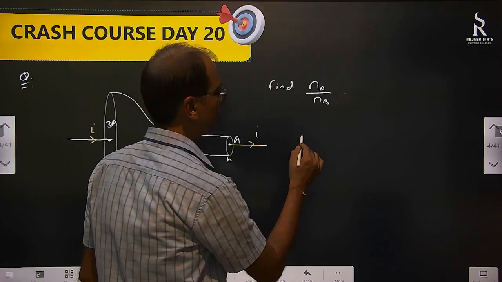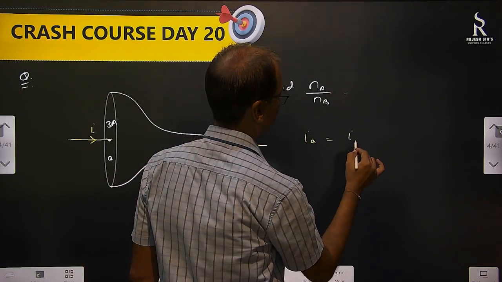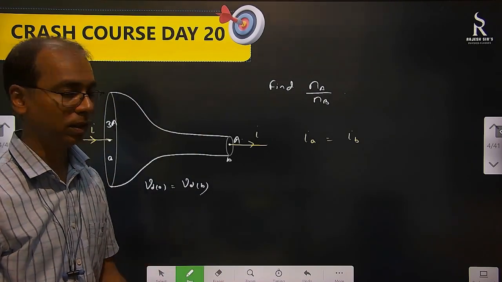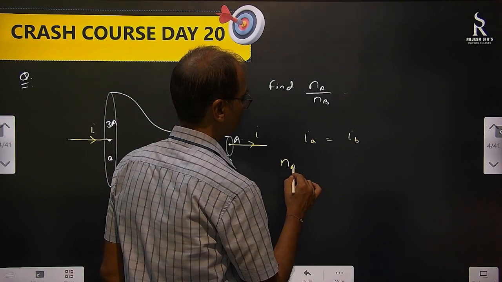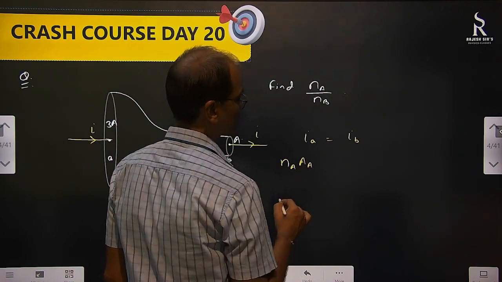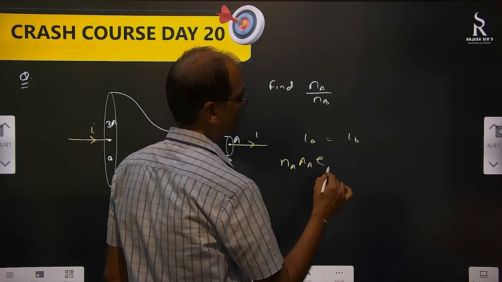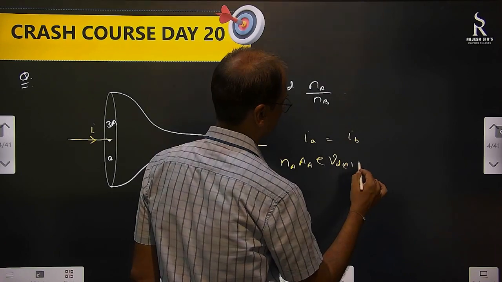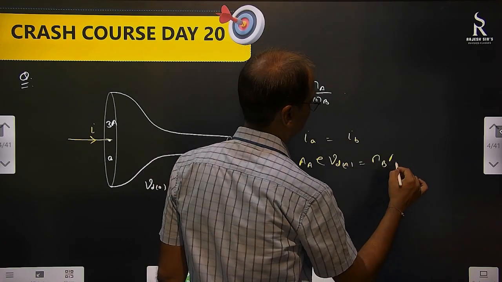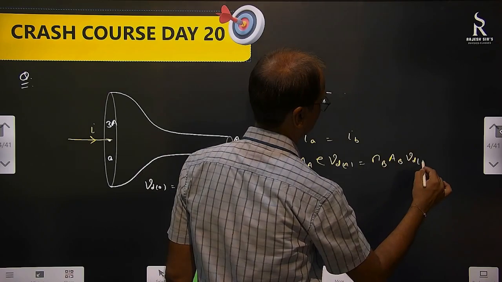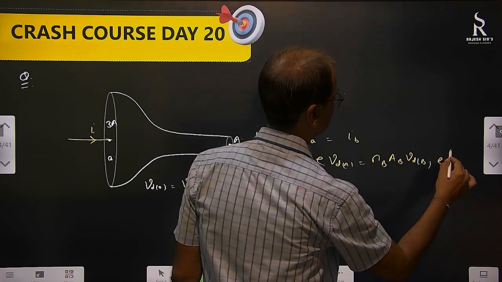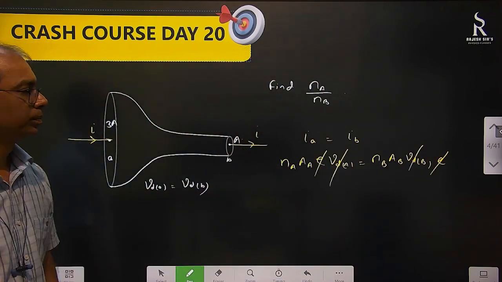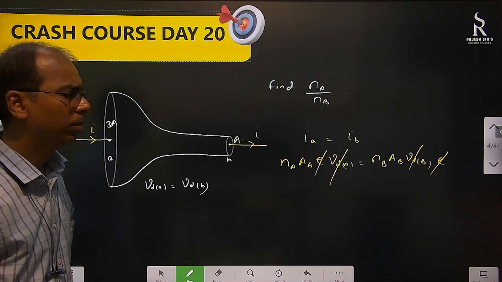So I at A equals I at B. What is I? n e A v_d. So N_A into area at A into v_d. Now v_d is the same at both, so we don't have any problem. Here N_B, area at B, v_d at B. Then e is cancelled, and v_d and v_d cancel because it's given the same.